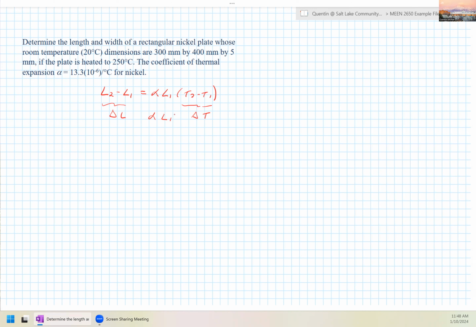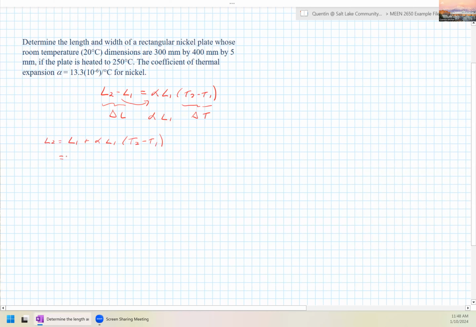So let's first look at the 300. We're going to say L2 is equal to, we're going to bring this L1 over to the other side, so it's going to be L1 plus alpha L1 times T2 minus T1. Okay, so let's go ahead and put this in.